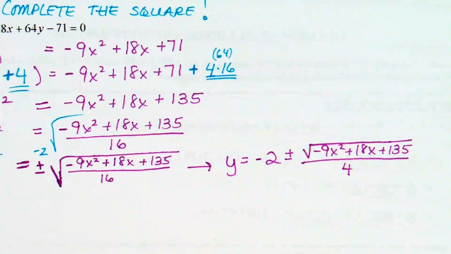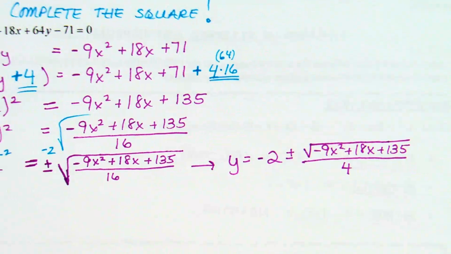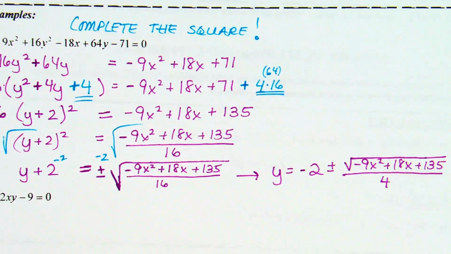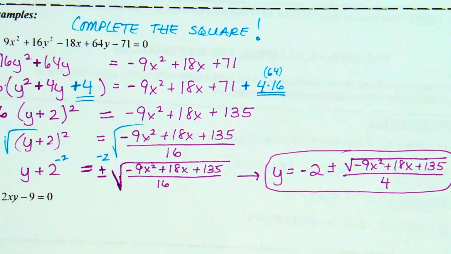Now, be careful. Make sure now, where's my radical? My radical is just in the numerator. Okay? Honestly, if you left it as one big radical and had 16 under the radical still, that would work as well. So this is an option. Leaving it with the radical is an option.